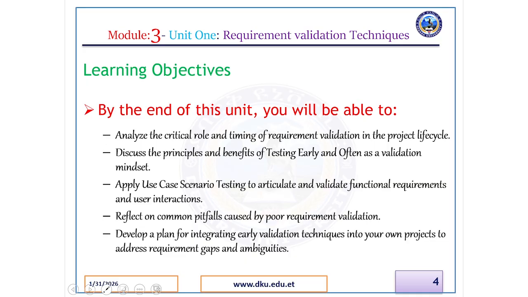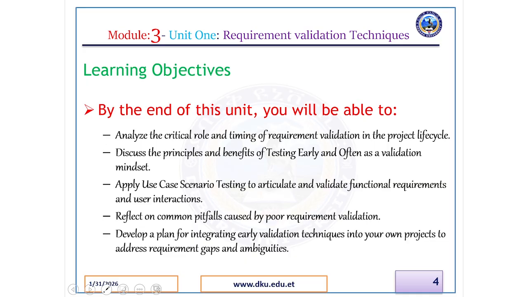The third objective is to apply use case scenario testing to articulate and validate functional requirements and user interactions. The fourth objective is to reflect on common pitfalls caused by poor requirement validation. And the last objective is to develop a plan for integrating early validation techniques into your own projects to address requirement gaps and ambiguities. Those are the objectives.